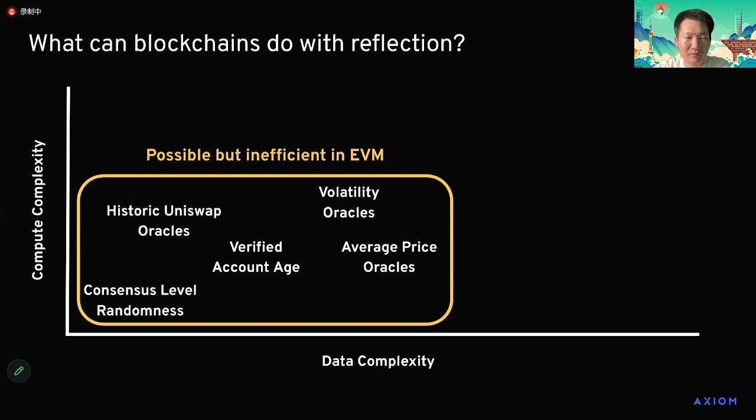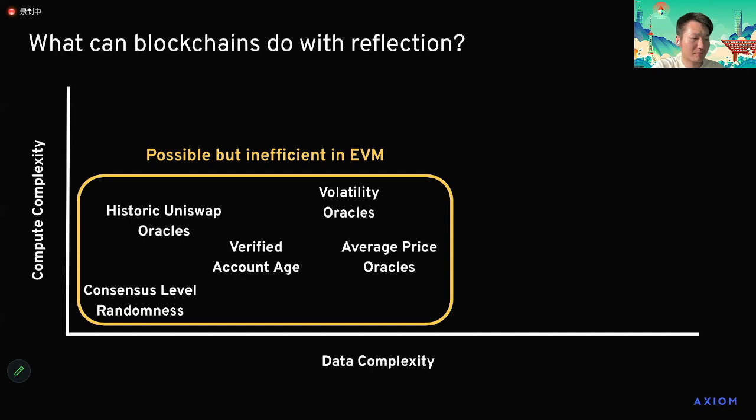There's the first set of applications that Axiom or any type of reflection can make possible that are actually possible to do today on Ethereum, but they're just a little bit expensive. A couple examples include reading the consensus level randomness from the Ethereum consensus layer that's made available in the block header, or verifying your historic account age, or reading different types of oracles from historic price information.